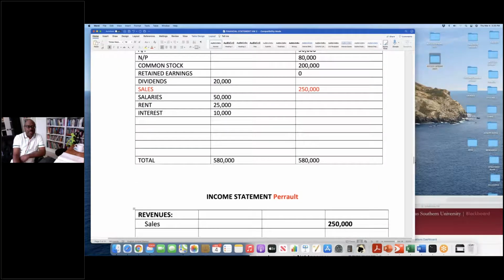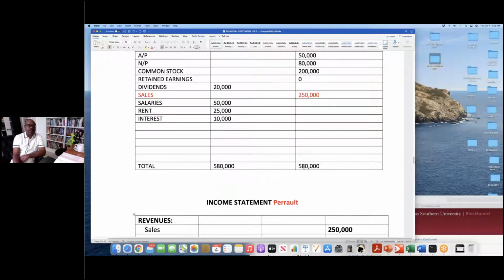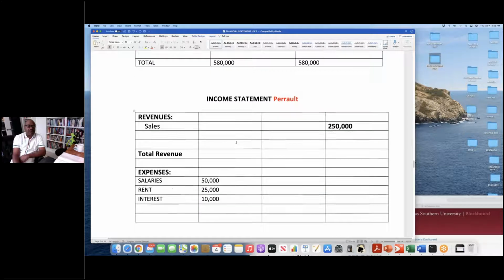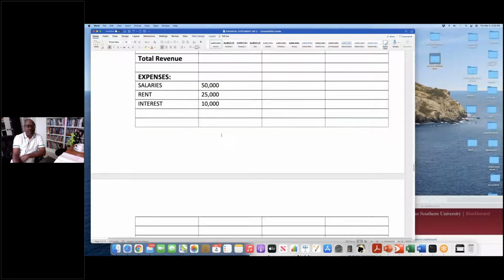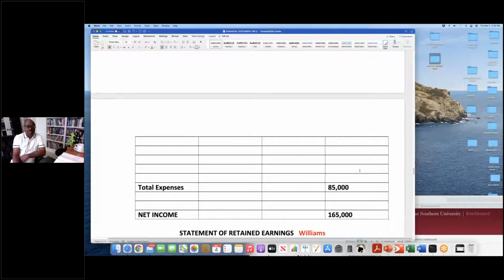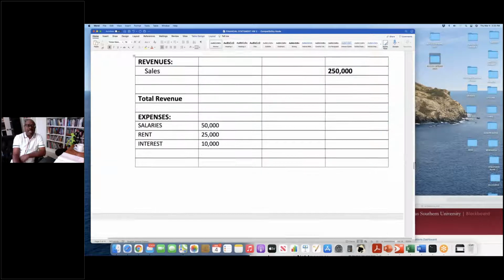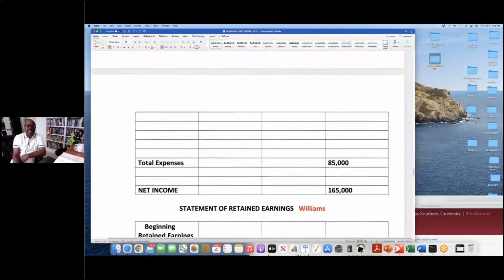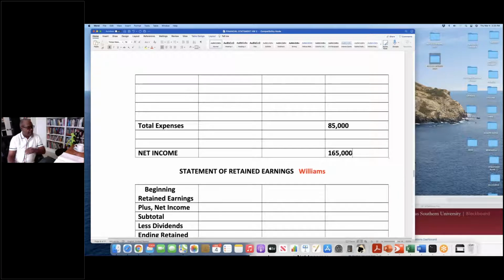We took the sales, put that here. We took the expenses and put them here. Then we subtracted our expenses from our revenue and got our net income. Any questions? No.